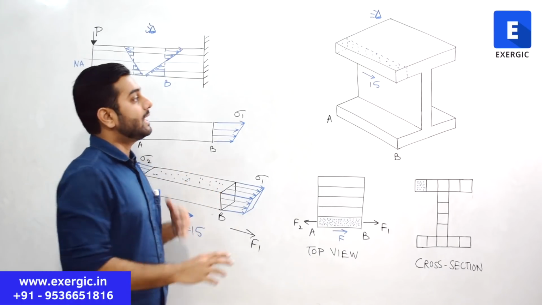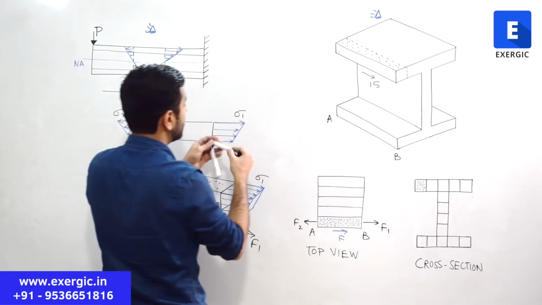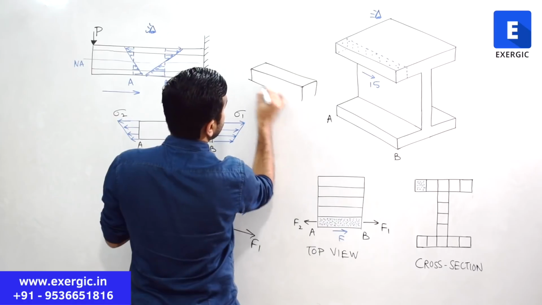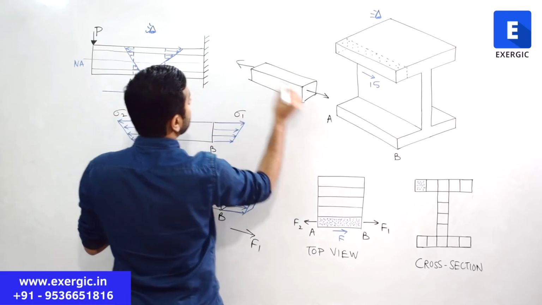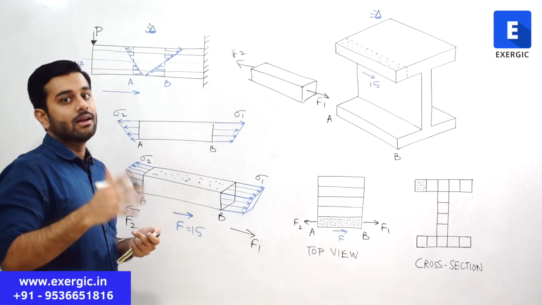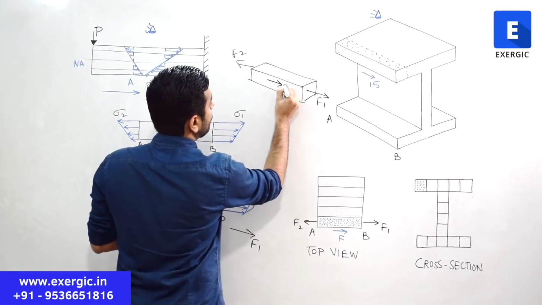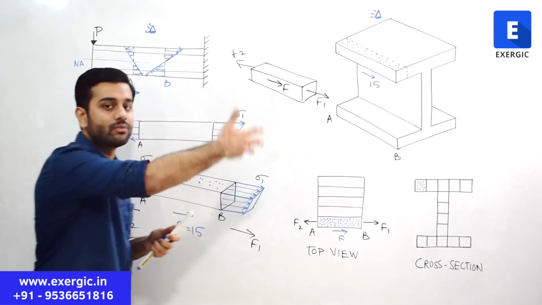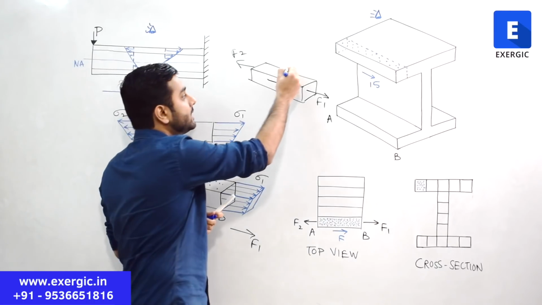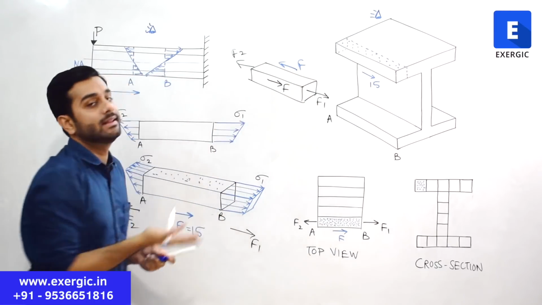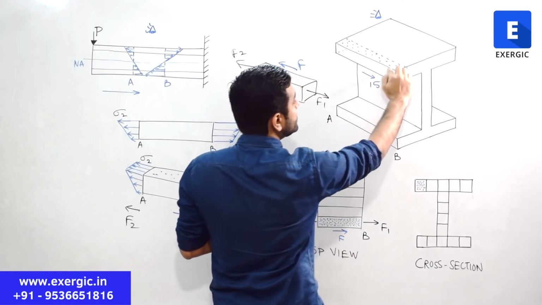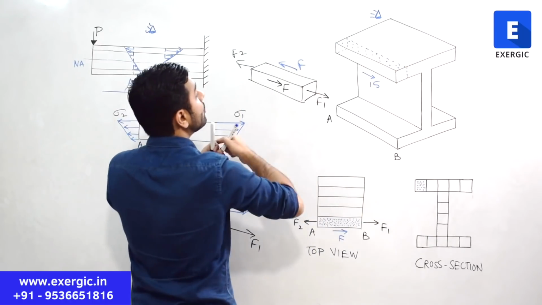It means that if normal force is acting on that section, and F1 and F2 are making a non-zero resultant, giving a force F in the forward direction, some part of the beam has to act to provide a force F in the backward direction so that it gets balanced. What part of the beam can do this? The adjacent part of the beam, which is in contact with it, the surface on the other side.